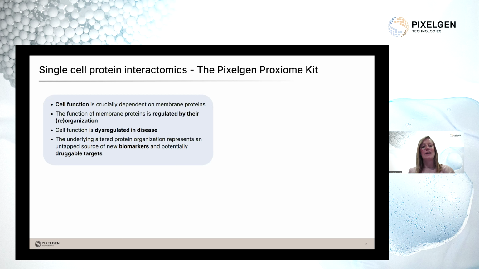But good single-cell proteomics methods are being developed very rapidly now, since we're really realizing that proteins are key to cellular function. However, typically it's not really enough to just know if a protein is there or not, because the way that the cell is regulated by these proteins is typically by these proteins reorganizing.